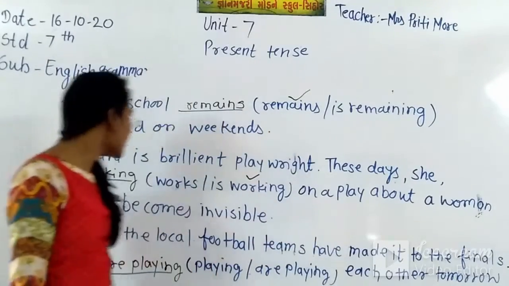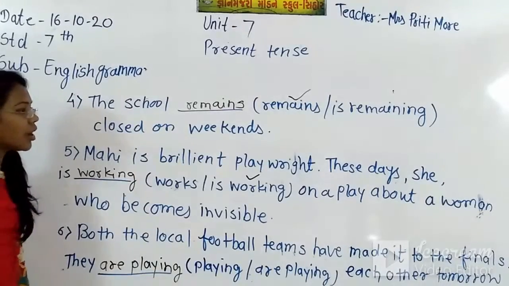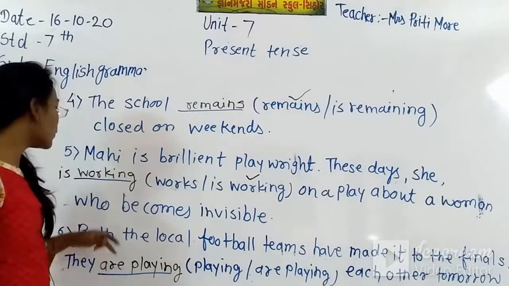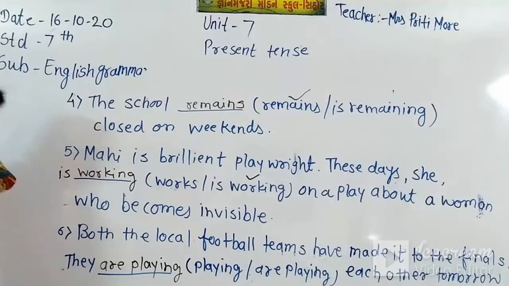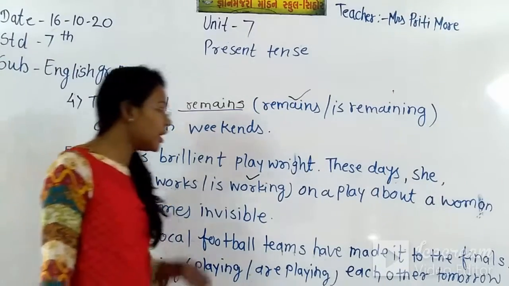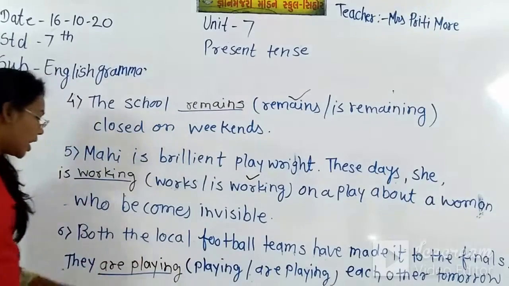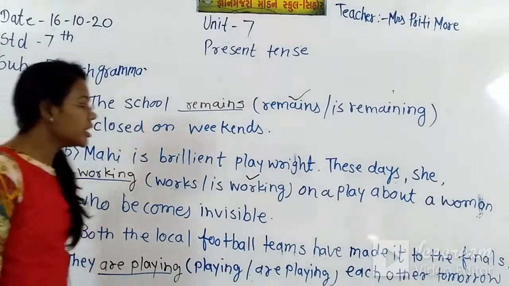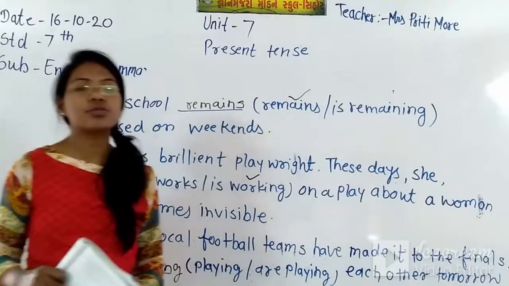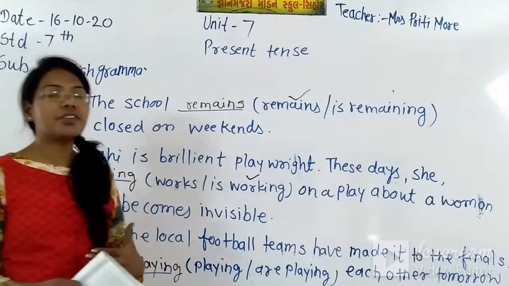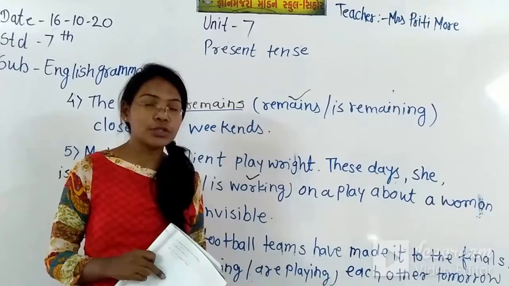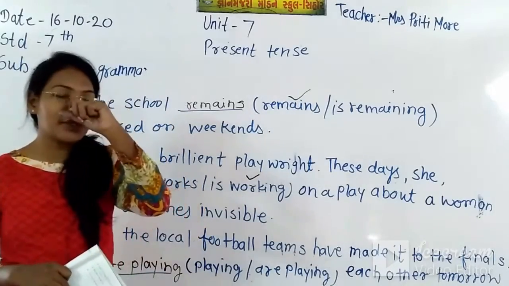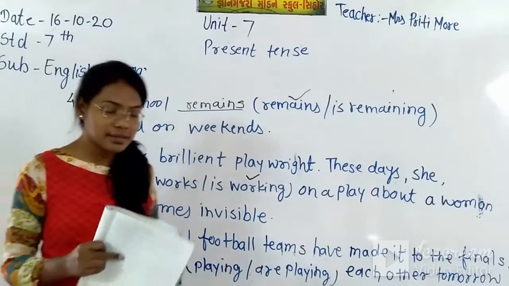So these days she is working on a play about a woman who becomes invisible. Now the sixth one: both the local football teams have made it to the finals. Now the general truth is done there. Now they are playing each other tomorrow. So here the nearest future is shown. To show the nearest future we also use the present continuous tense.